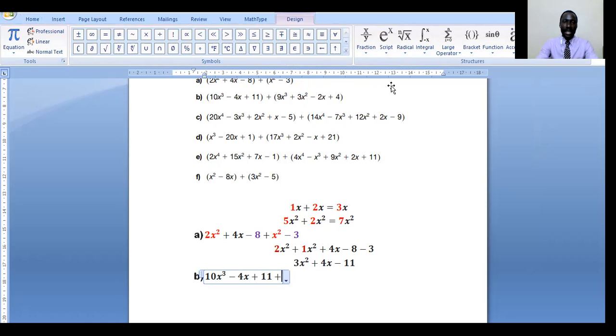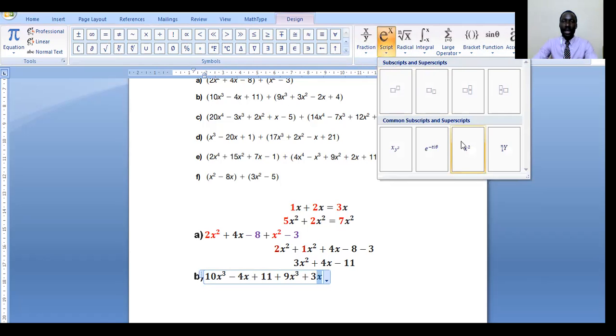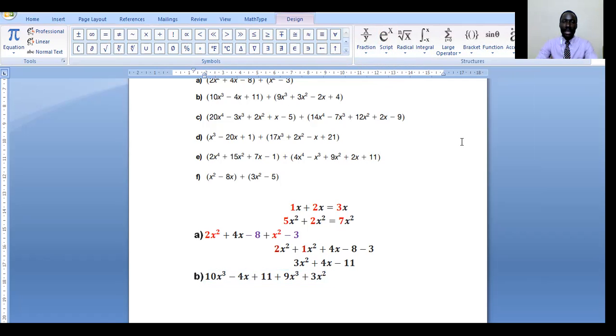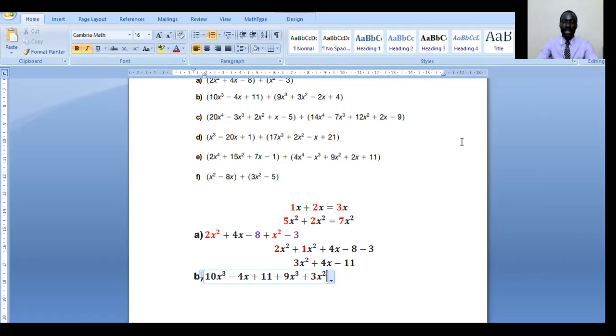We have to add this onto the items in the second bracket, which include 9x cubed. This 9x cubed is also being added to 3x squared, and then we also have minus 2x. Then finally plus 4.